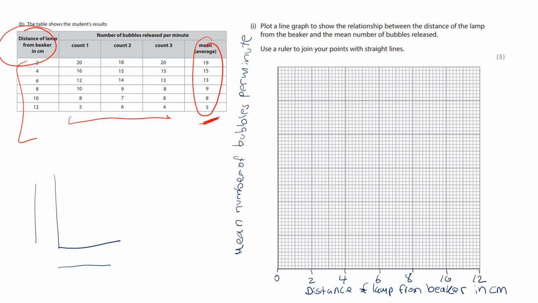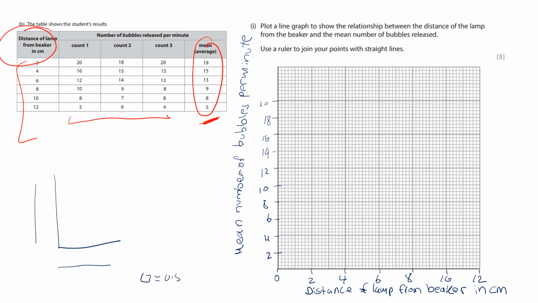So 2, 4, 6, 8, 10, 12, 14, 16, 18, 20. Okay, perfect. So that means every small cube is worth 0.5.